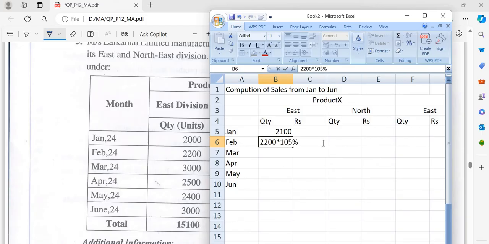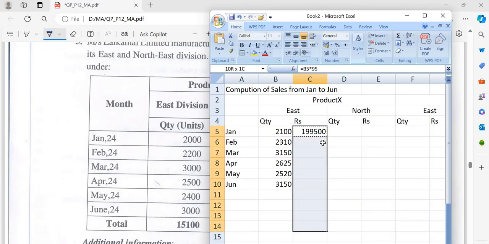So 2000 into 105, 2200 into 105, 3000 into 105 percent, 2500 into 105 percent, again 2400 into 105. Here the rupees we have already calculated. It is 95 rupees for X. So into 95.